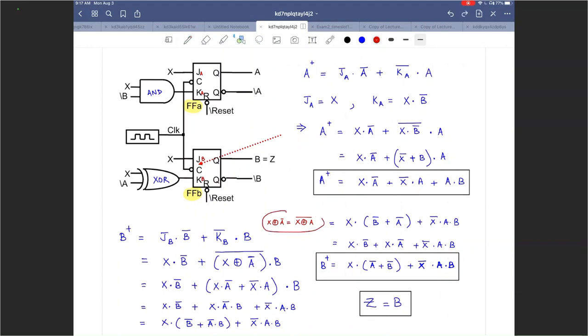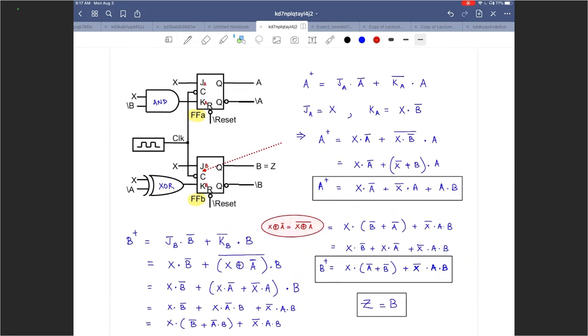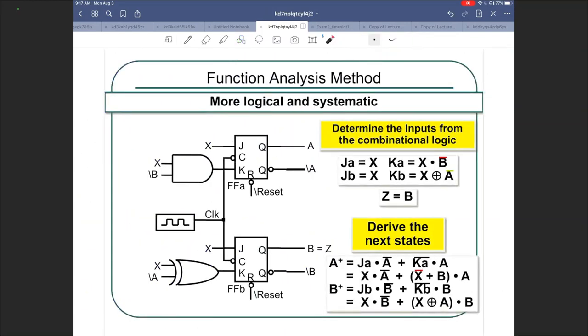All right. Let's see. So we got to that point. Now, once we have those equations, by the way, those are the equations that we derived. Determine the inputs from the combinational logic, derive the next states. So the things that are written on this slide, we just derived in the previous one.